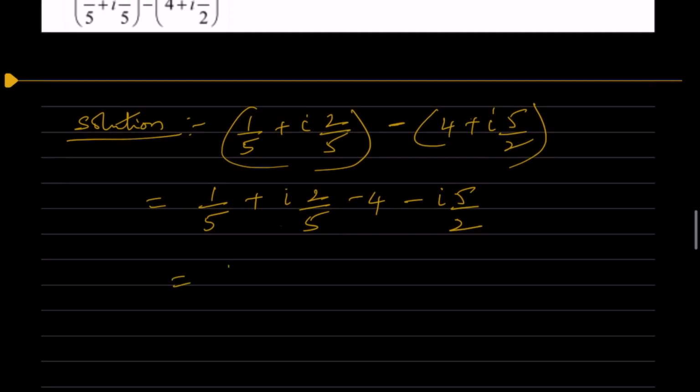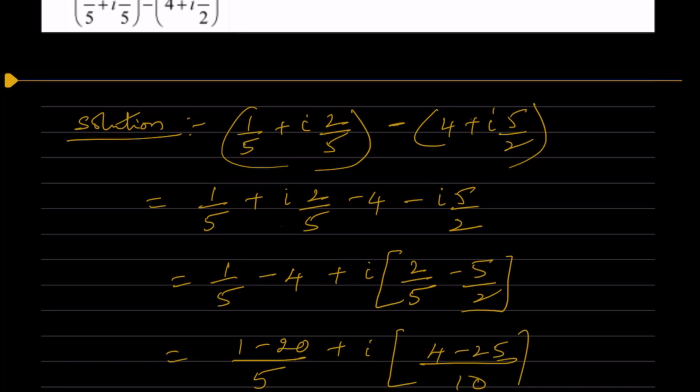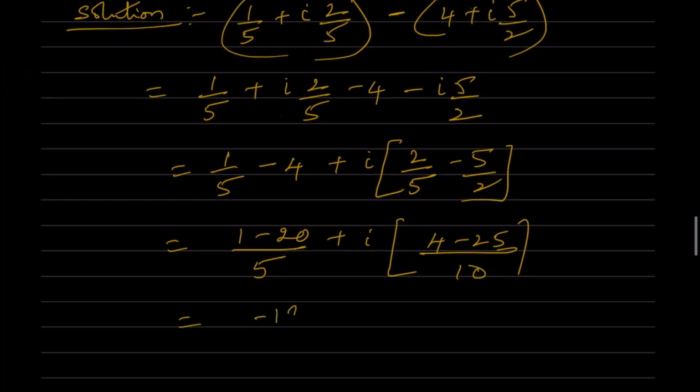So now bringing all the like terms together: 1/5 minus 4 plus i into, you can take out common inside the bracket, 2/5 minus 5/2. Taking the LCM, we get 5: (1 minus 20)/5 plus i into, here the LCM will be 10, so 2 twos are 4 minus 25, so we get minus 19/5 plus i into minus 21/10.